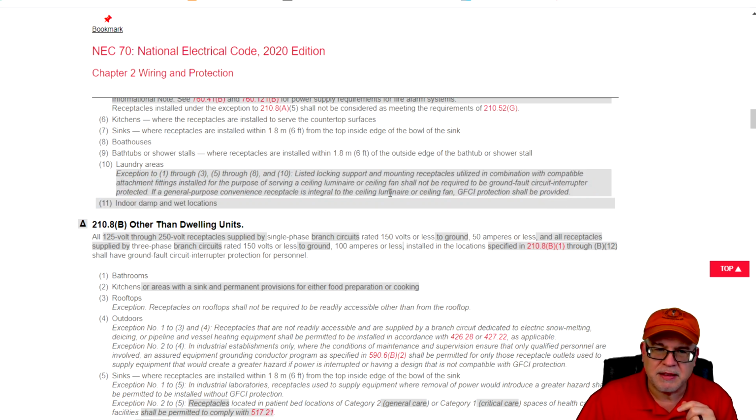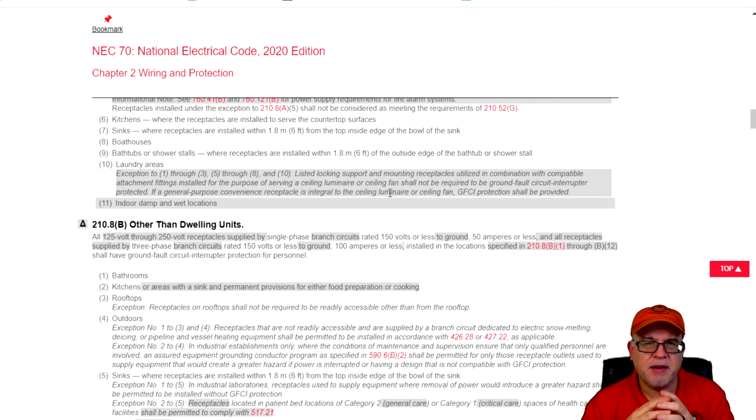Let's talk about this one. Originally, what we're talking about is a specific type of male and female receptacle combination. We had a change in the definition of what a receptacle was in the 2020 code, as well as in the 2017 code, but we had the advent of what's called an attachment fitting definition. You've probably seen it. It's a device that will mount on the luminaire or fan.